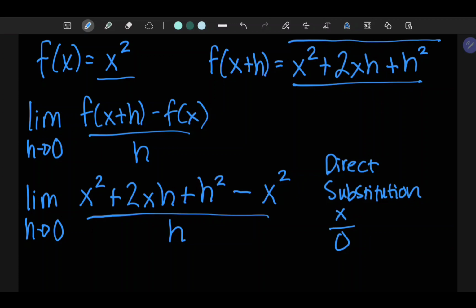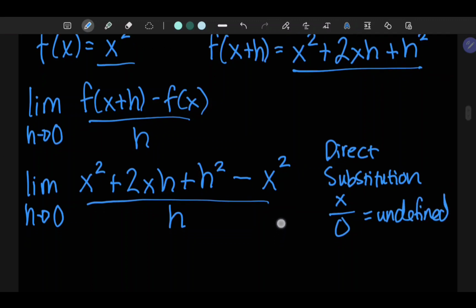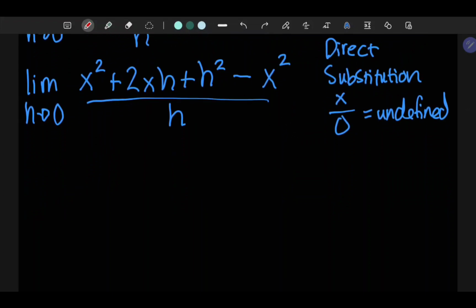You can't have a 0 under the denominator. That is undefined. So we cannot directly substitute, and we're going to have to simplify first. So let's go ahead and get that work done. F of x always cancels here. Sometimes you have to do quite a bit more simplification first, but it will always cancel.